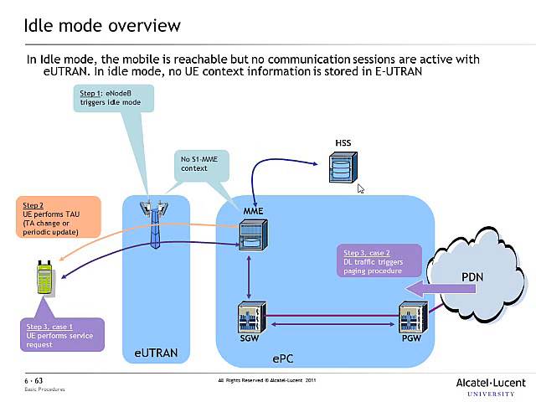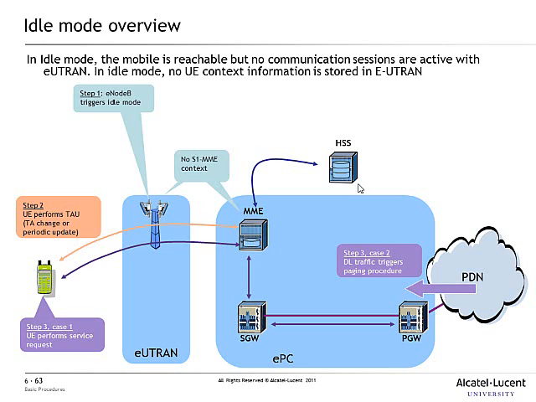Why do we have this idle mode? When a mobile has been idle, has not been transmitting any packets, the most important thing we want to do is conserve the battery power of the mobile. We don't want the mobile sending unnecessary messages and wasting its battery power when it's idle.